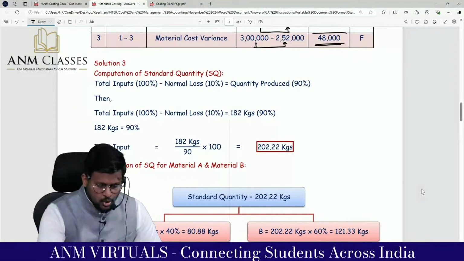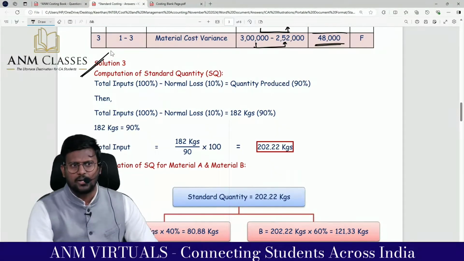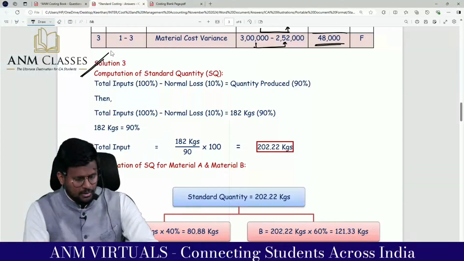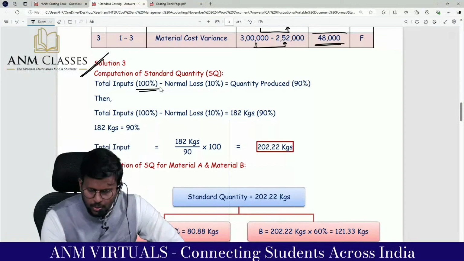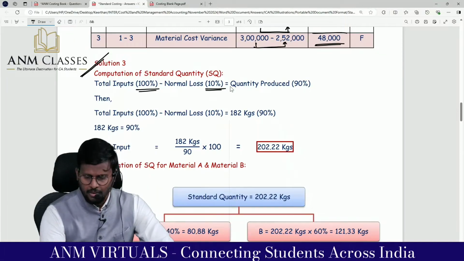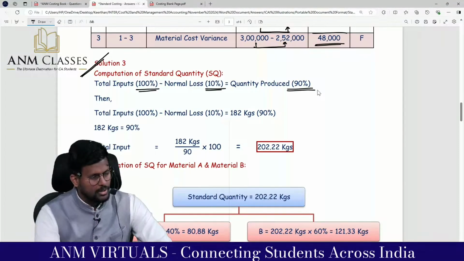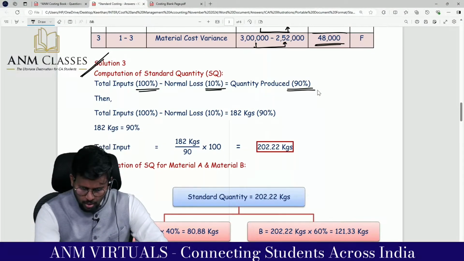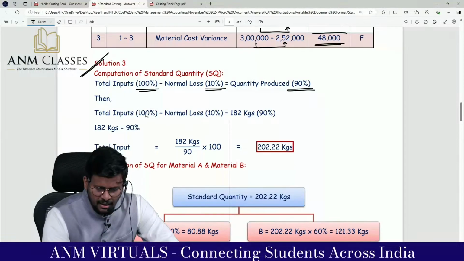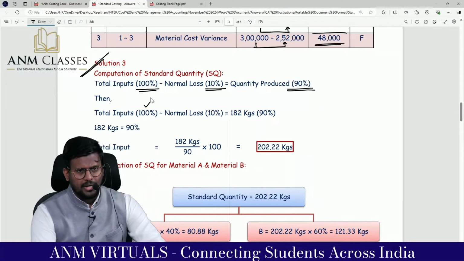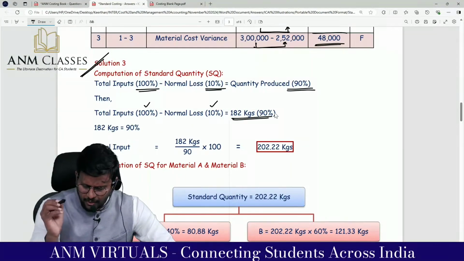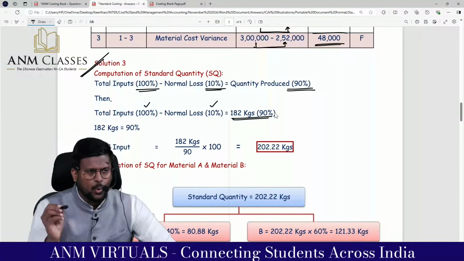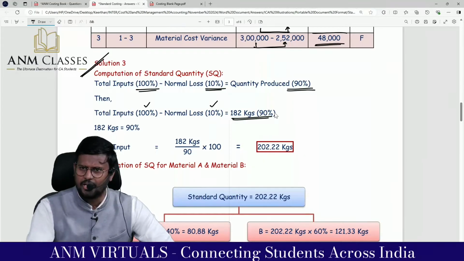So, computation of standard quantity. Total input is 100%. If I put 100 units, 10 units is normal loss. The quantity produced, 182 kg, is 90%.